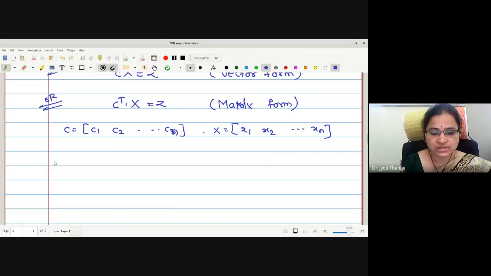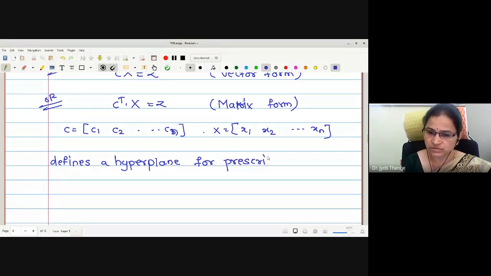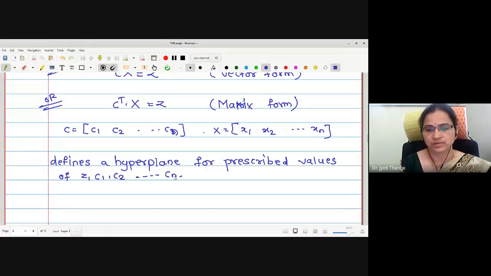Therefore this defines a hyperplane for prescribed values of z, c1, c2 up to cn.